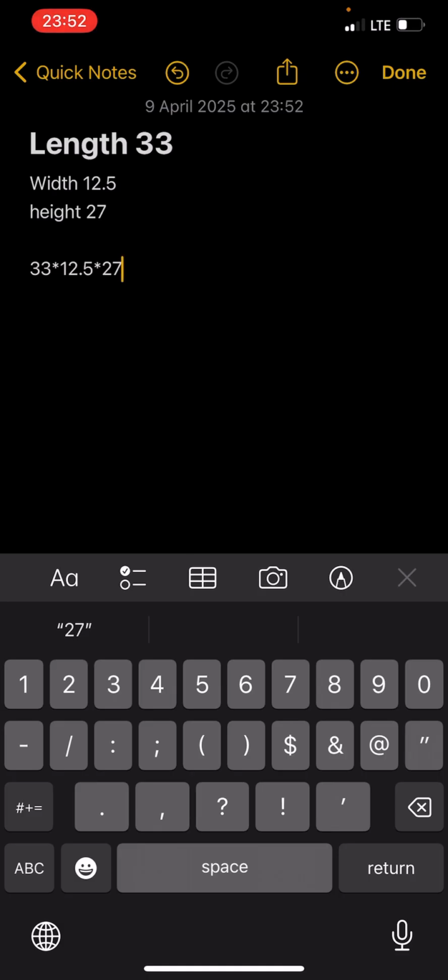Are you understanding so far? It is very, very simple. So let's head to our calculator.